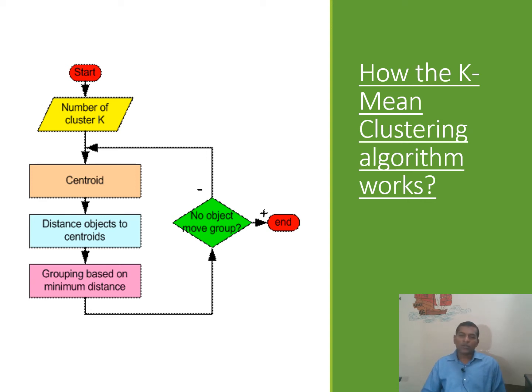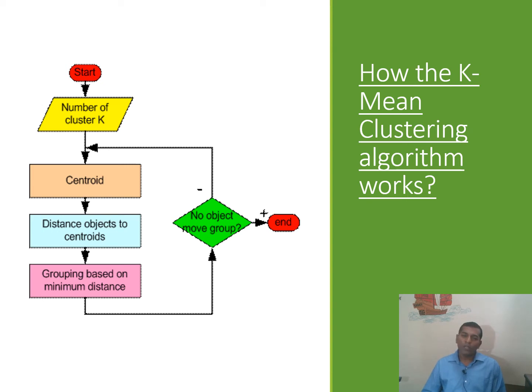We are supposed to have a stop condition. If no object is available which is to be added into a cluster, then we say there are no objects available hereafter, so you can stop the execution. Otherwise, if the clusters are not changing hereafter, then also we can say that the algorithm execution is done and we will stop.